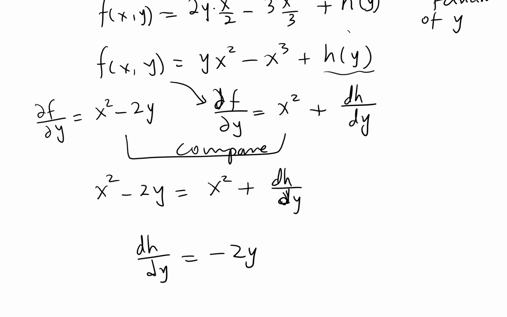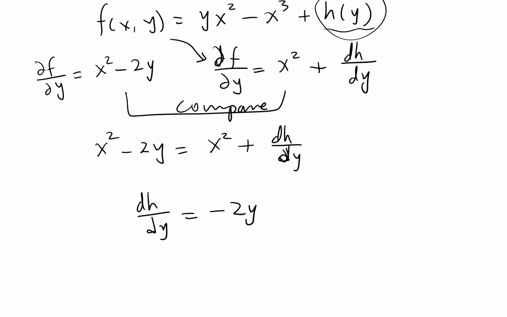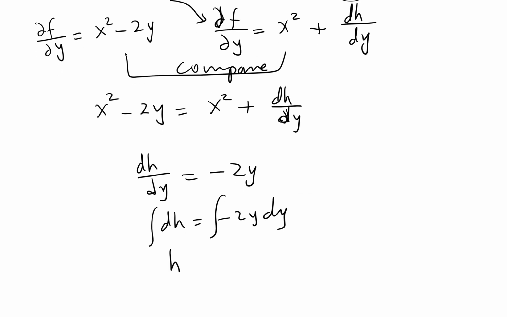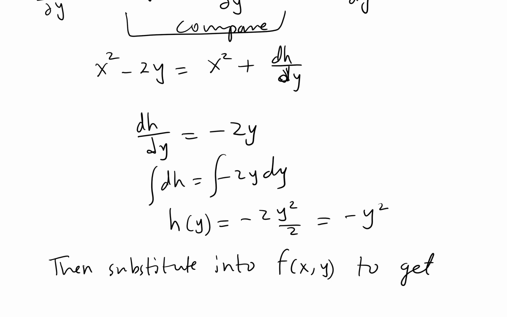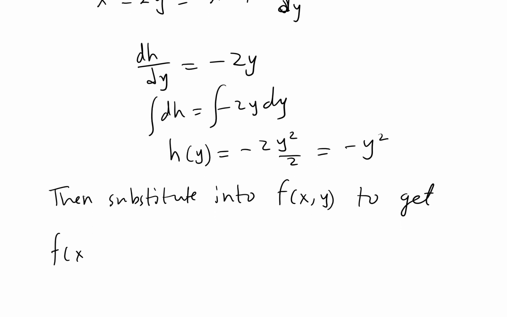But remember, I'm looking for h of y. If I integrate both sides, so dh equals negative 2y dy, integrating both sides, h of y is going to be negative 2y squared over 2, which is negative y squared. Then substitute into f(x,y) to get f(x,y).